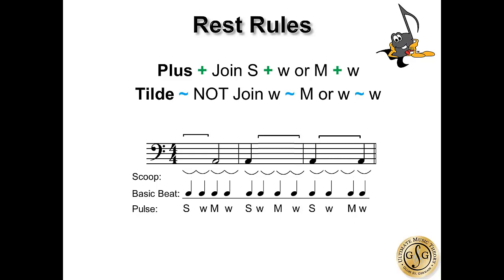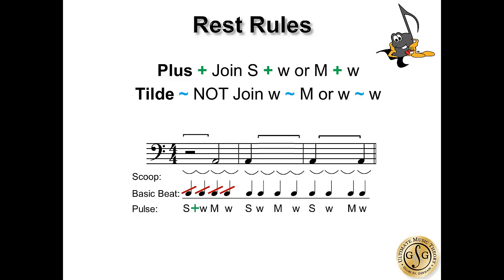Now when we're adding rests, we always want to complete 1 beat at a time and always begin with what you have. At the end of the first measure is a half note, so we cross off the basic beat 3 and 4. The pulse indicates strong plus weak, so we add that plus sign between strong plus weak and combine both beats 1 and 2 into 1 half rest and cross off the basic beats.